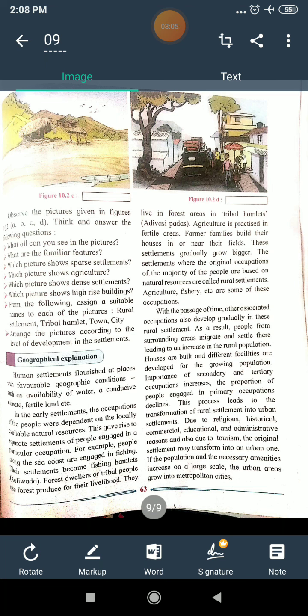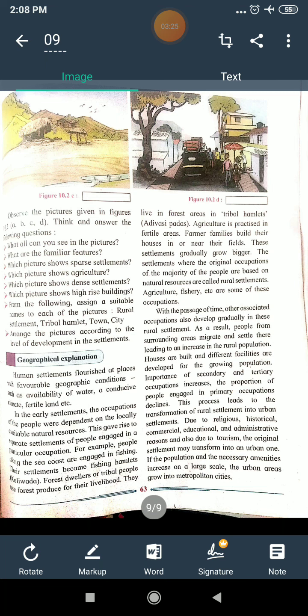People used to settle in the places where they were getting the occupation. Whatever natural resources were available, according to those natural resources they used to do the occupation, and according to that occupation they used to settle in that place.